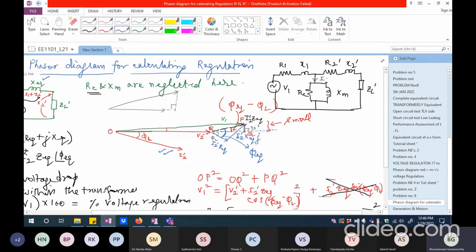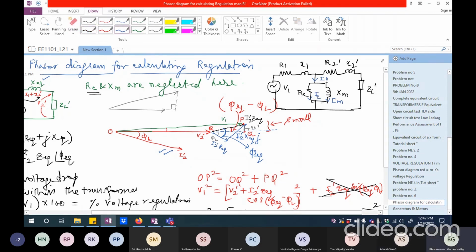So this is going to be I0, and this is going to be IC, and this is going to be IM. So what is flowing through which component? This IC is flowing through what is generally known as RC, the fictitious component which corresponds to the iron loss that is taking place in the transformer.